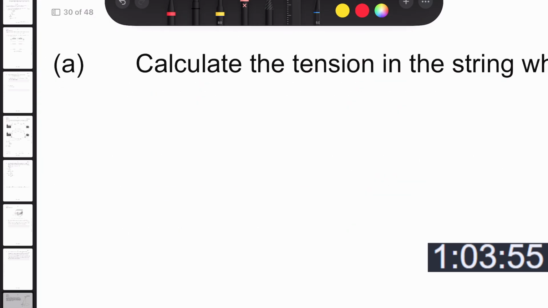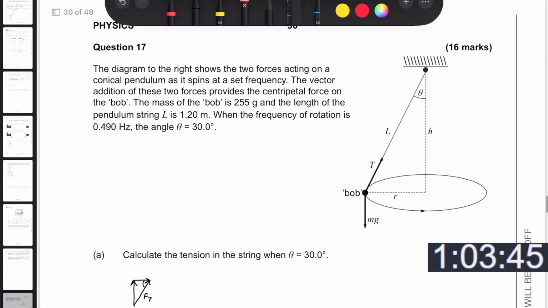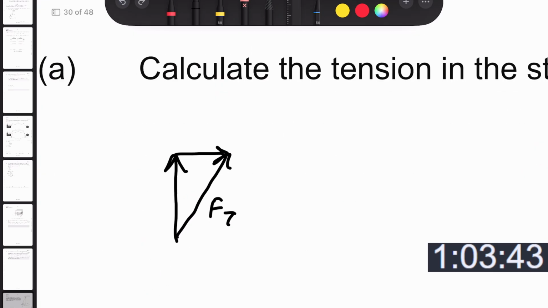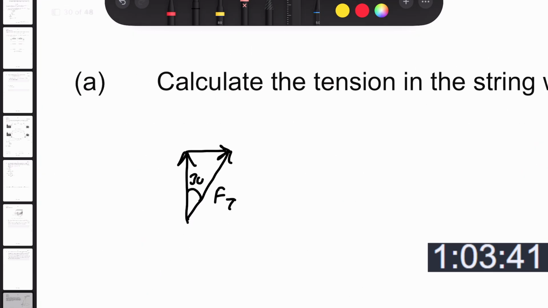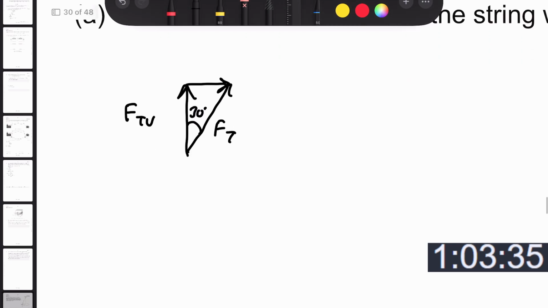Okay, so then I know that the tension is going upwards, and here's going to be my 30. And I know that the vertical component of the force of tension must equal mg.